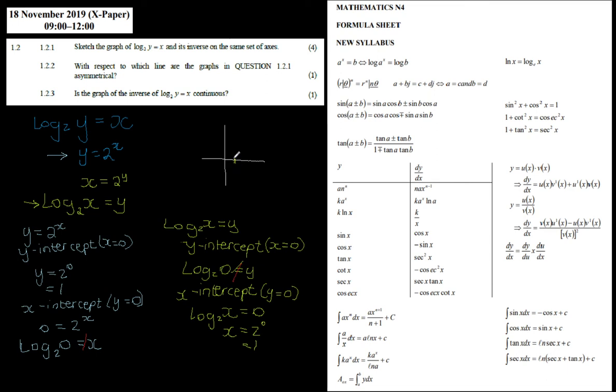And I know that my blue graph is not going to cut my x-axis, but it's going to cut the y-axis at 1. So in this scenario, we were not able to sketch the graph completely since we only have one point.